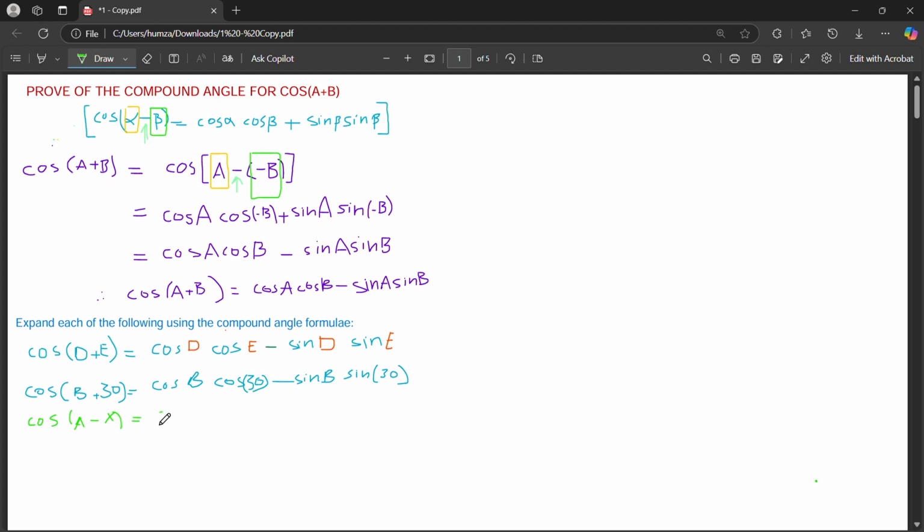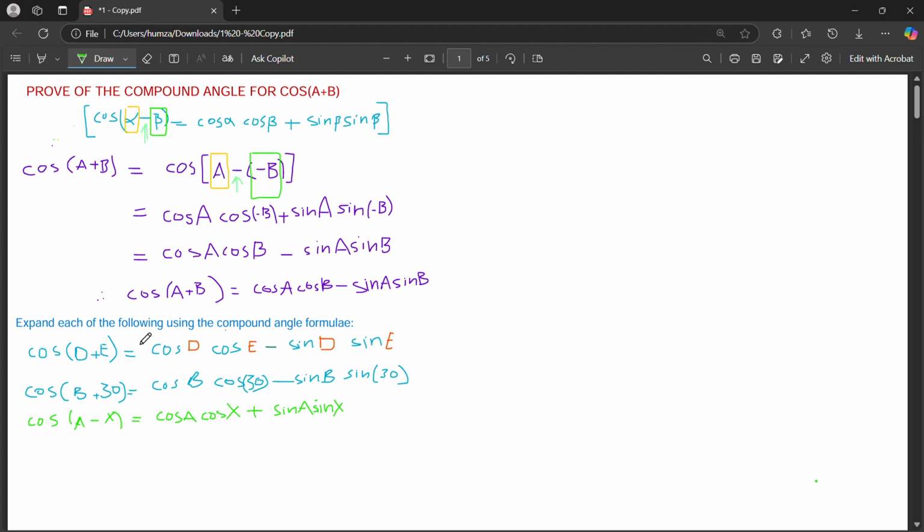Again we will use the same thing: cos A cos x minus sin A and sin x. So this negative changes into the positive when we are expanding.